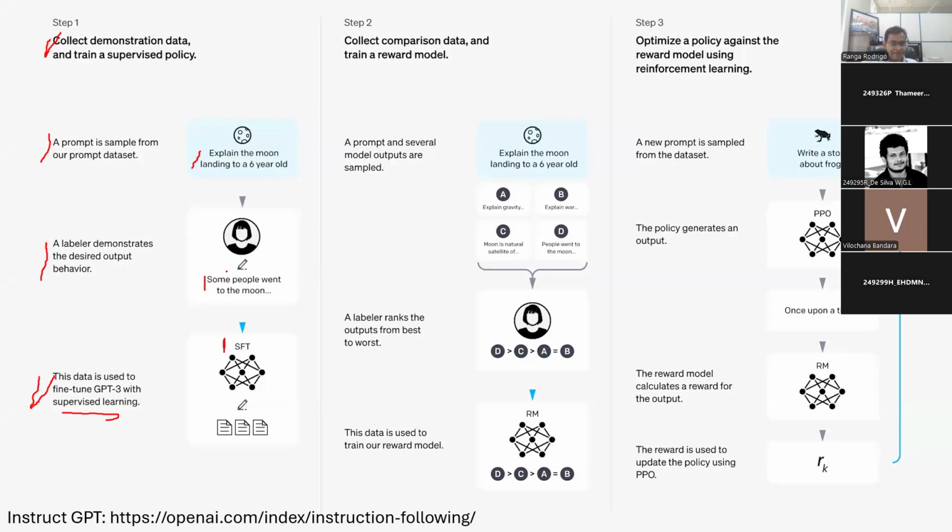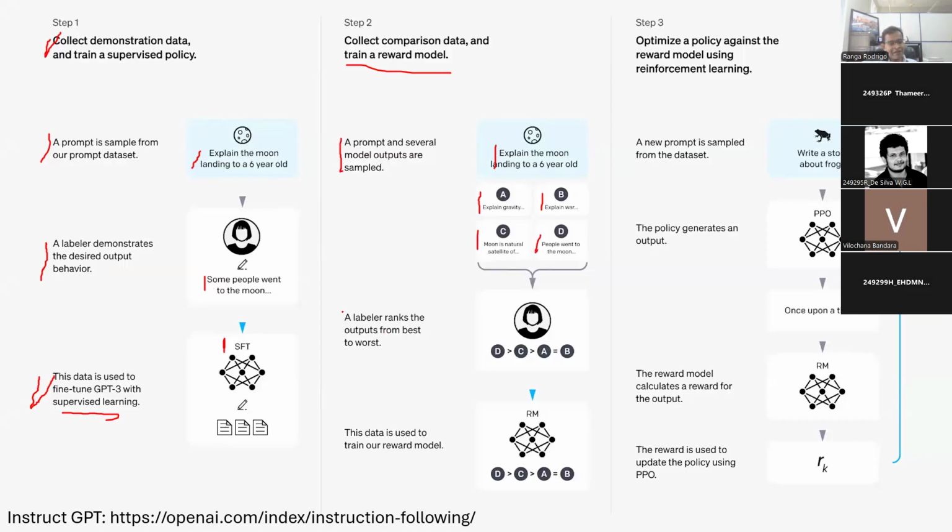After that, collect comparison data and train a reward model. Okay, let's see what this reward model is. A prompt and several model outputs are sampled. Explain the moon landing to a 6-year-old. The first response is, for example, explain gravity, whatever. There are 4 responses, let's say.